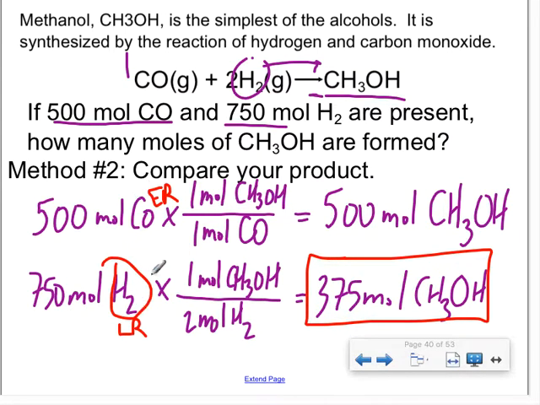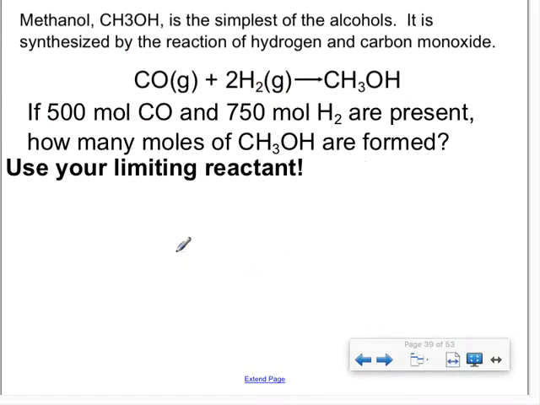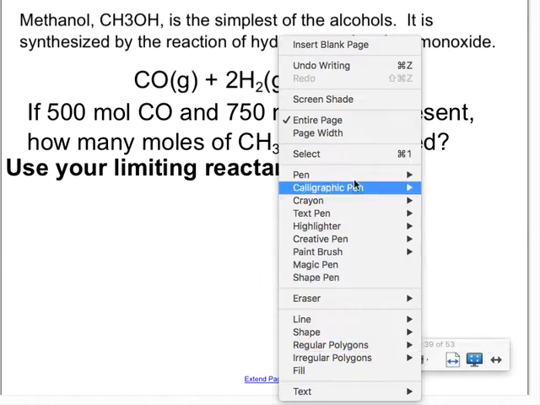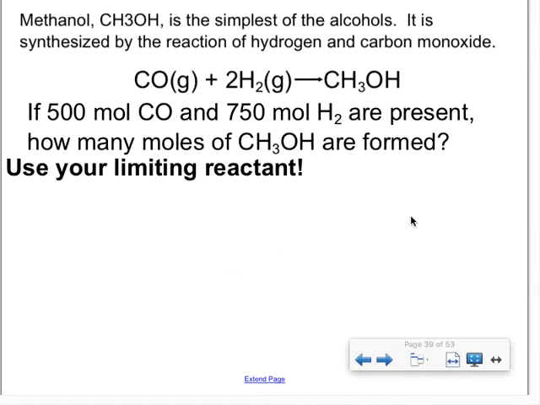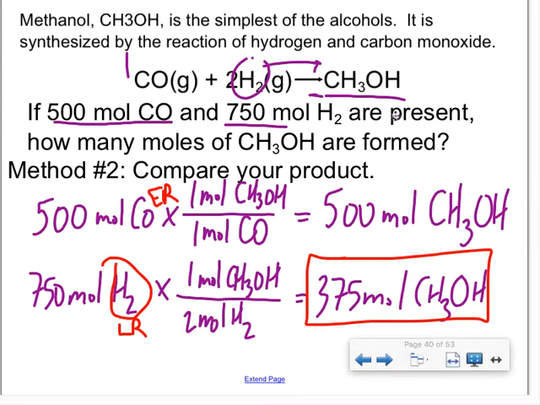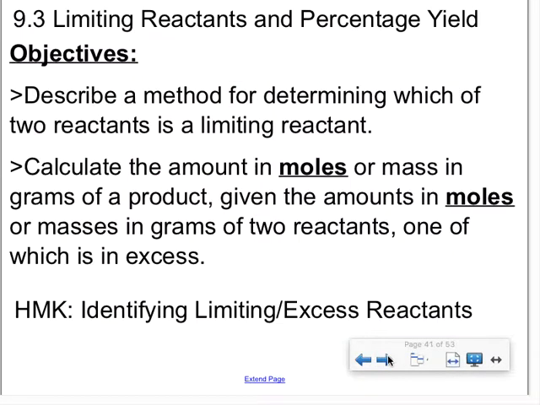So because I set it up this way, I have already figured out my limiting and excess, as well as how much product can actually be made in this scenario. Whereas in any of them, I'm just saying method 2, this is just another way you can figure out your limiting versus excess reactant.